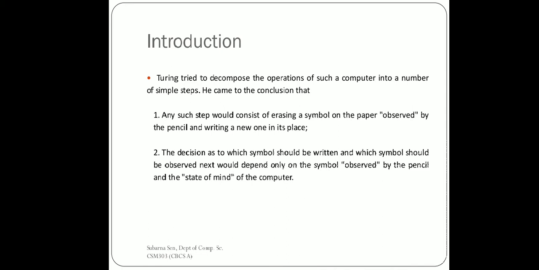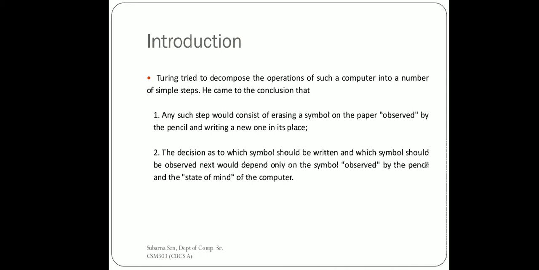The decision as to which symbol should be written and which symbol should be observed next would depend only on the symbol observed by the pencil and the state of mind of the computer. If we say this in a more formal way, the next move the Turing machine makes depends on which state it is in now and which input symbol it is processing.